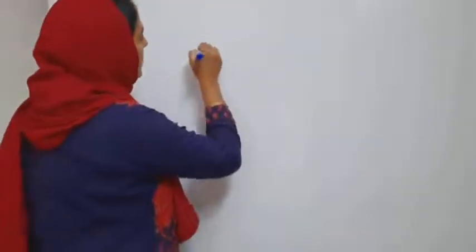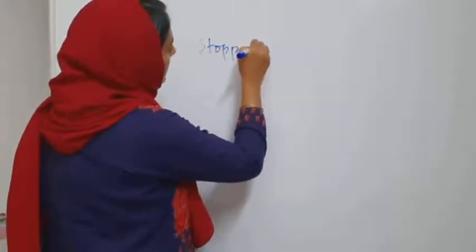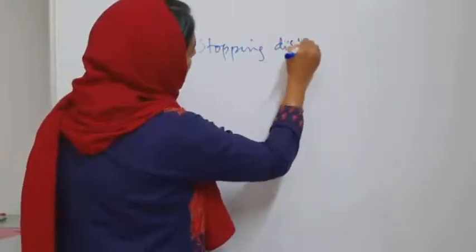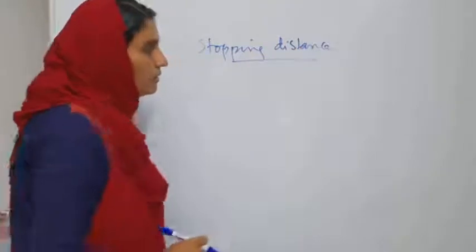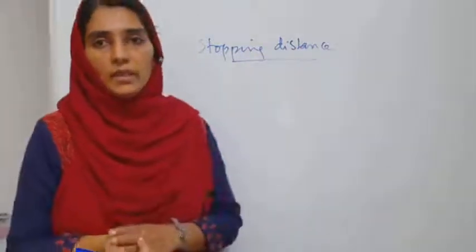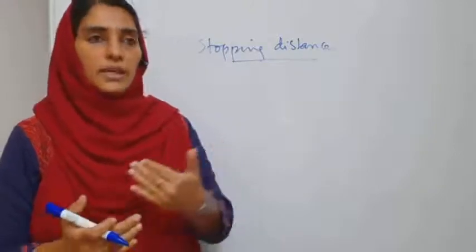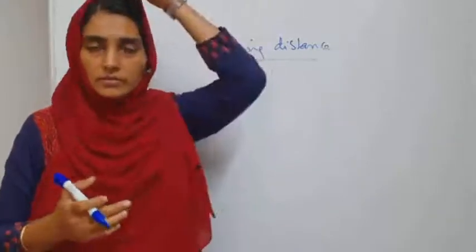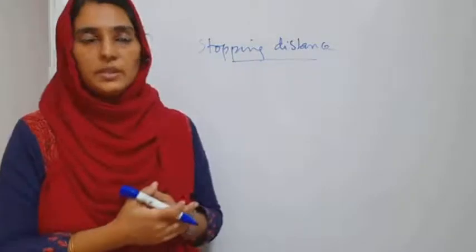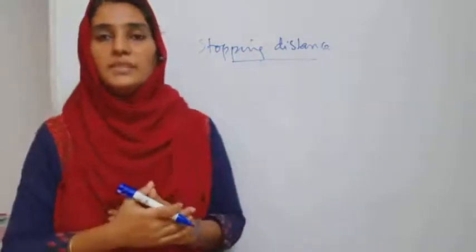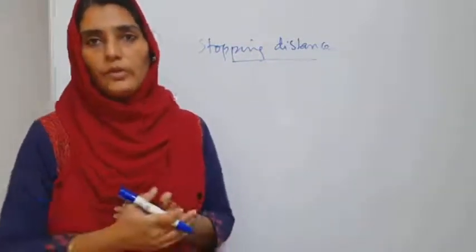Next is stopping distance. Stopping distance is another important factor in road safety. When you are driving a vehicle, you are given road safety instructions to keep a safe distance between any two vehicles, isn't it?